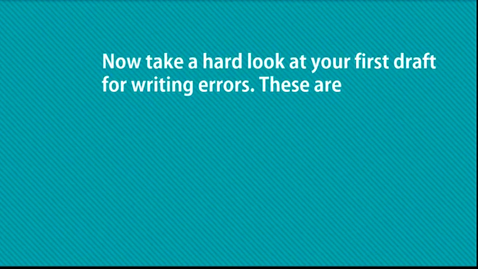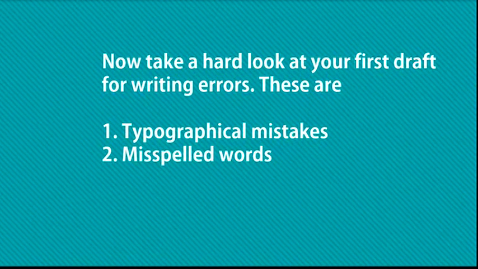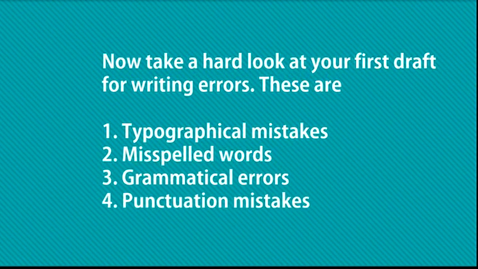Now take a hard look at your first draft for writing errors. These errors can be typographical mistakes, misspelled words, grammatical errors, punctuation mistakes, and many more like this. Once you have done the above check, now it's time to look if you have missed any sections.